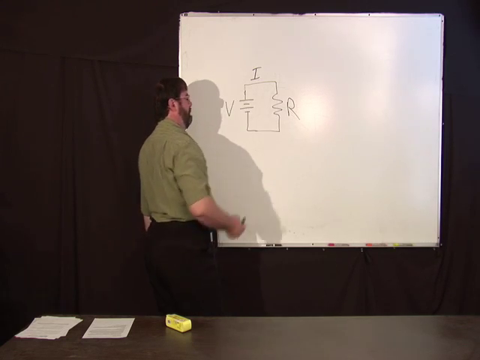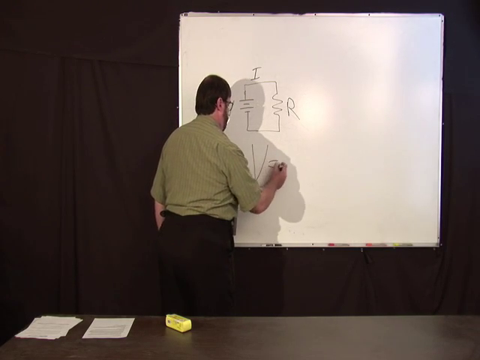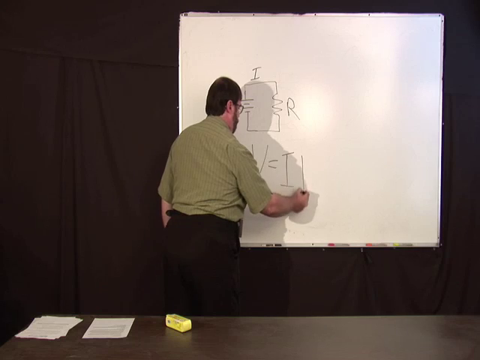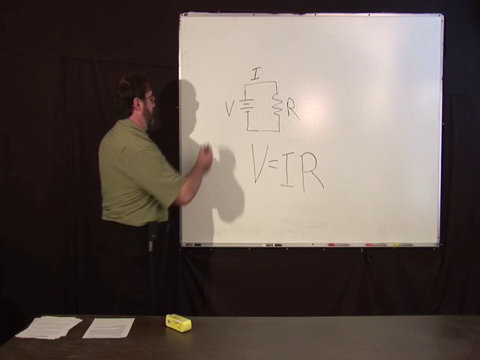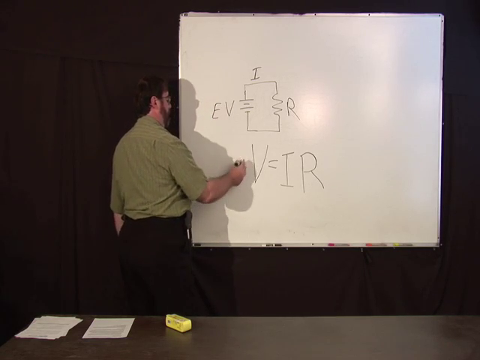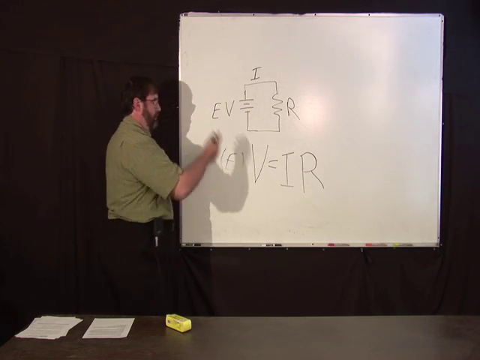There's a relationship between them: V equals IR. A few episodes back, we had an episode on Ohm's law. Voltage sometimes is called E for electromotive force, so this could also be E equals IR or V equals IR.